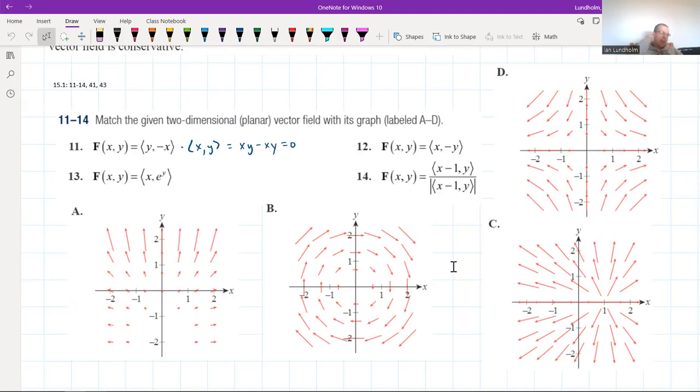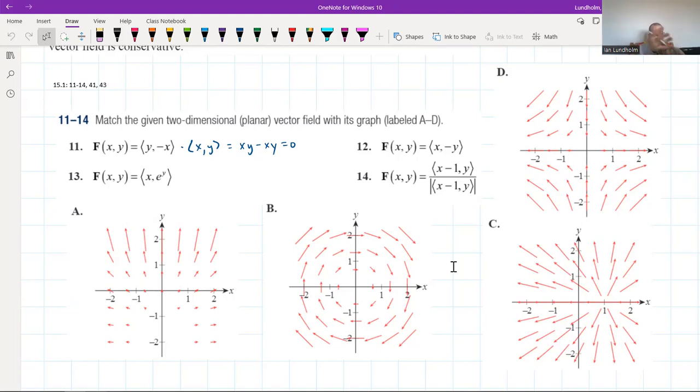So what does this mean? It means that the direction of the vector is perpendicular to the vector that would get you to the point where you're at. And so this one represents a vector field that has some rotation.